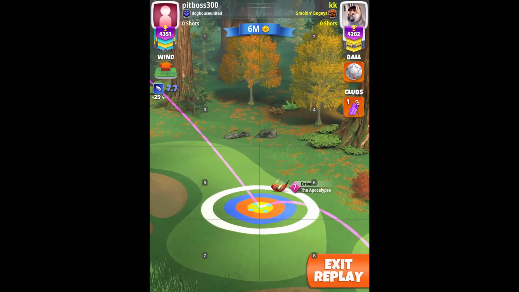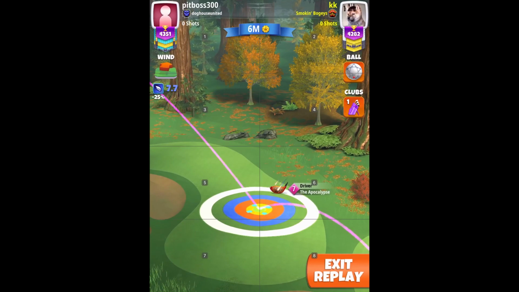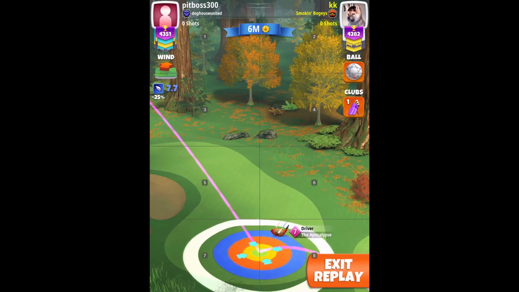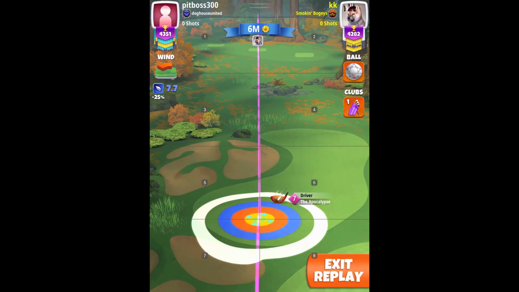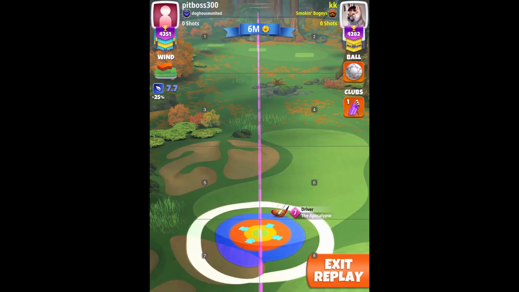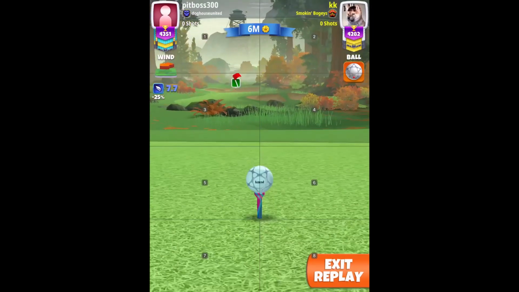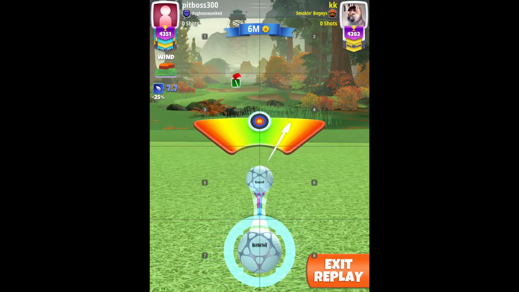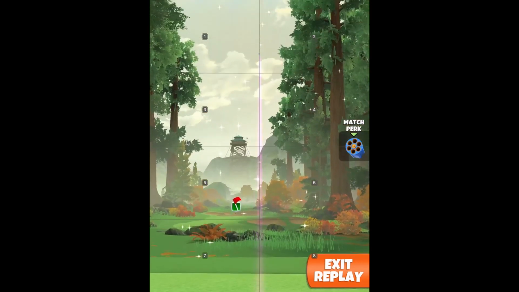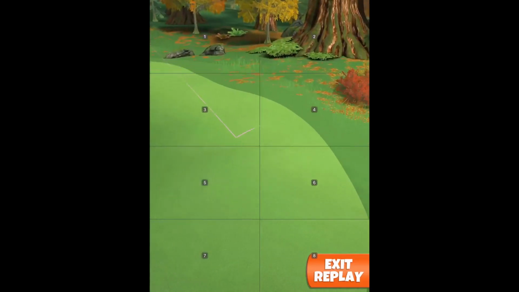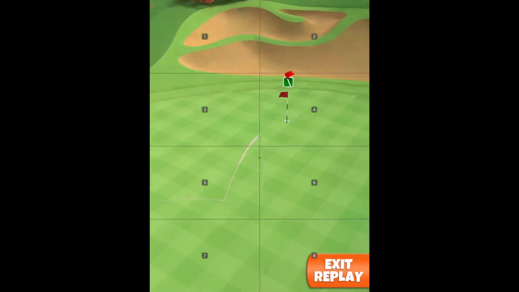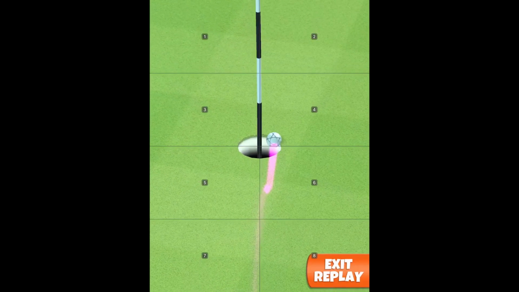And I'm going to adjust plus 30% mid, push up 2 rings, and because it was a low wind, I didn't do any right spin. Because it didn't need it.